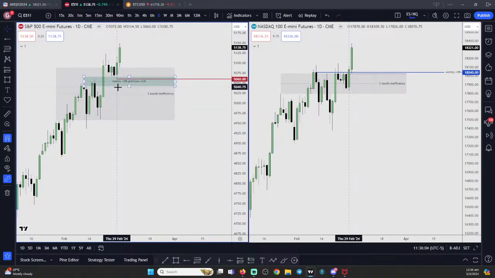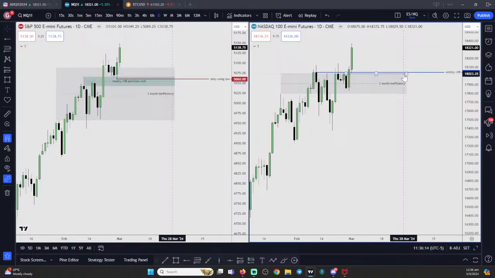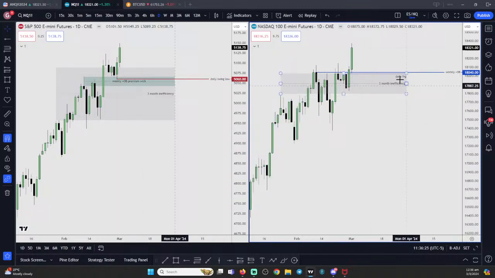I'm just going to put it in the center. We have a daily swing low. Right here we have daily FVG on the bottom right, weekly order block here.